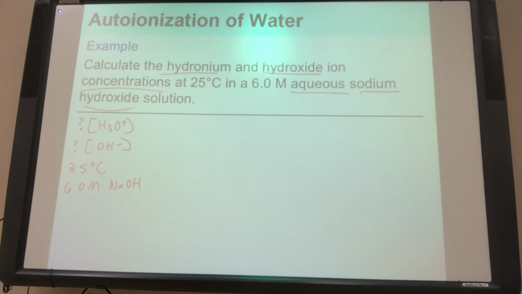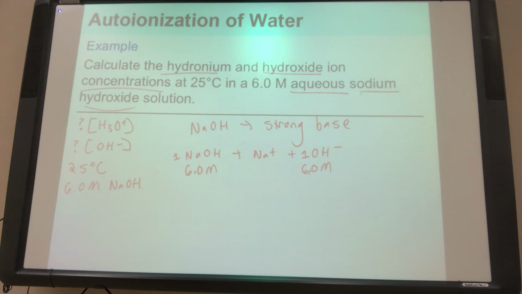So from the table, we found that NaOH is a strong base. What that means is that when it separates, when it ionizes, I get 1 Na+ and 1 OH-. So if I have this concentration, because it's a 1-to-1 ratio, I also have this concentration.